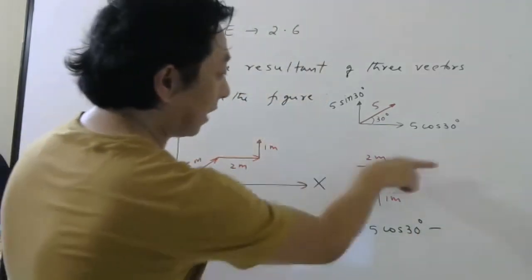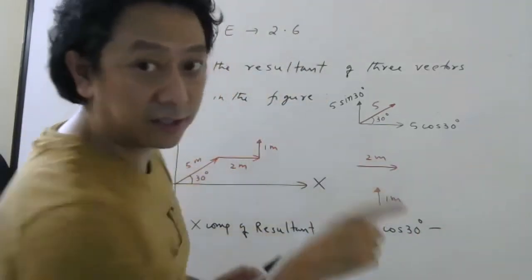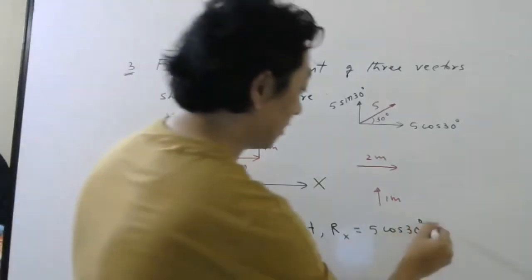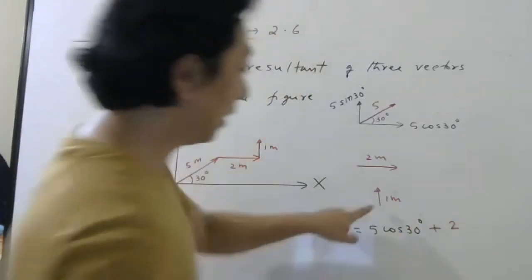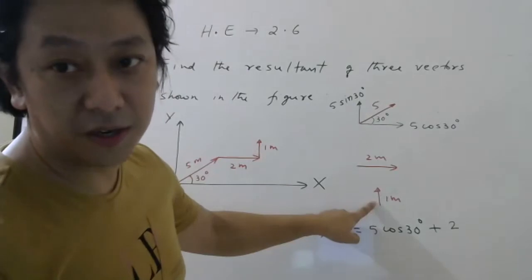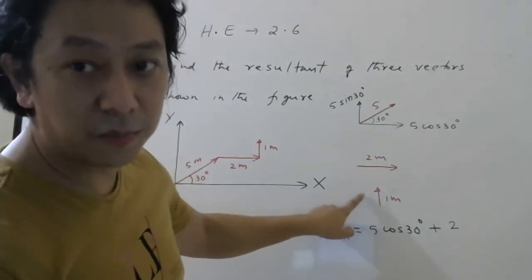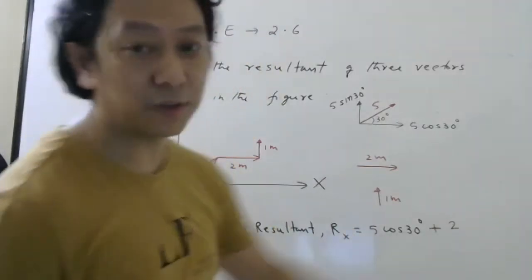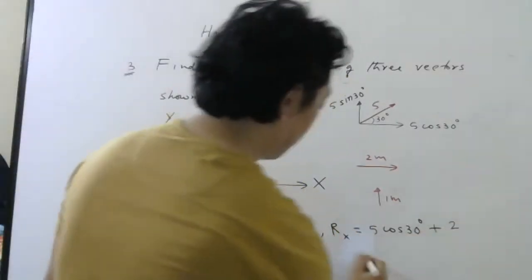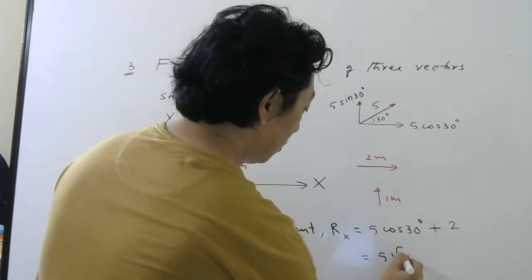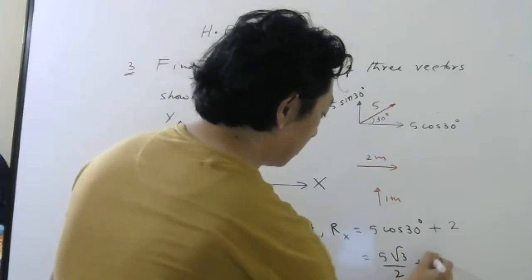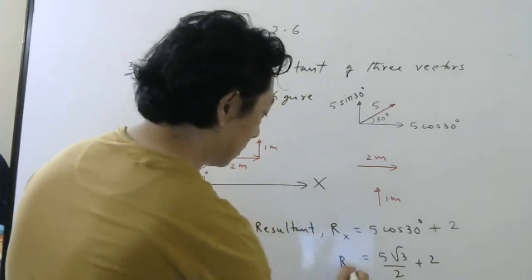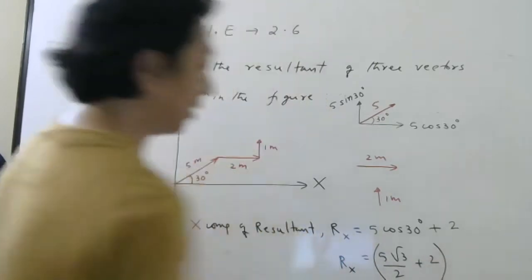This is in the same direction, and same direction means I should add. Plus 2. And this one has no x component, right? Does it have an x component? No, because it is along the y-axis. So the total x component will be 5 root 3 by 2 plus 2. This is your x component in meter.